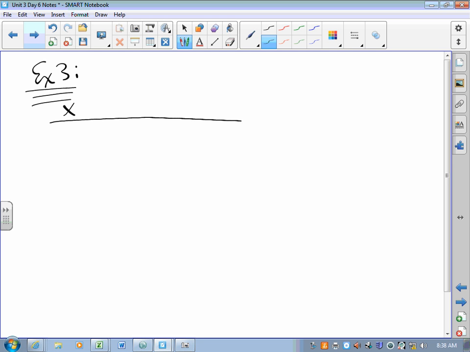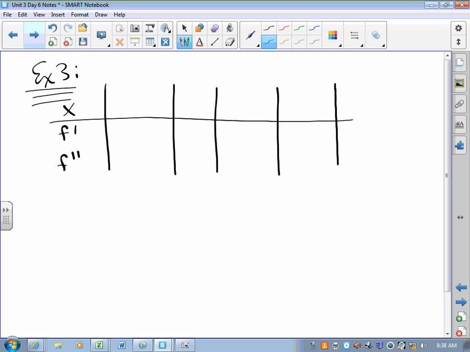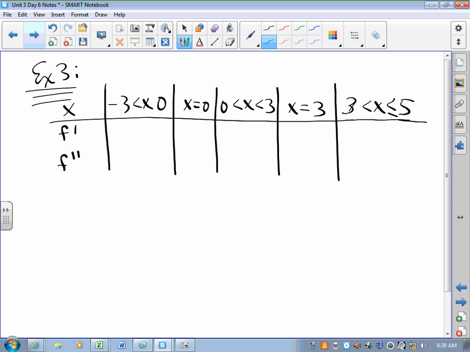Consider the following. I'm going to give you information about f prime and f double prime. And we're going to try, let's say from -3 to 0, and then at x equals 0, and then from 0 to 3, and then at x equals 3, and then from 3 to 5, maybe.